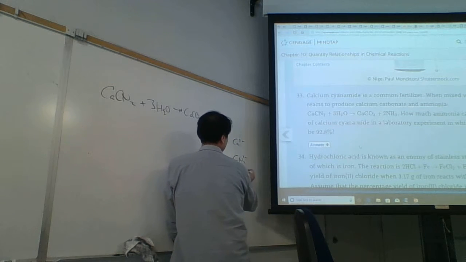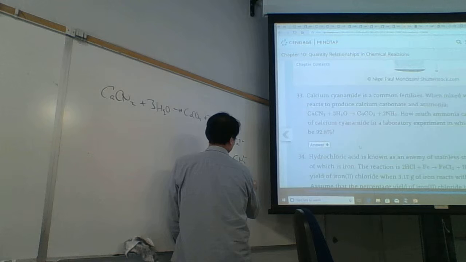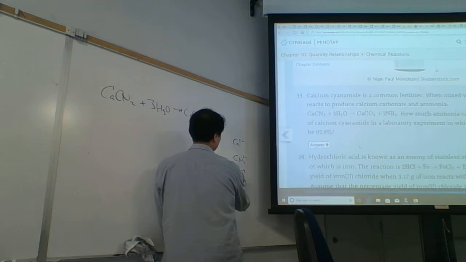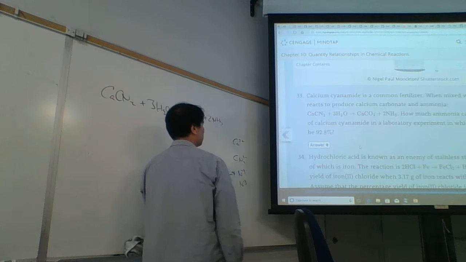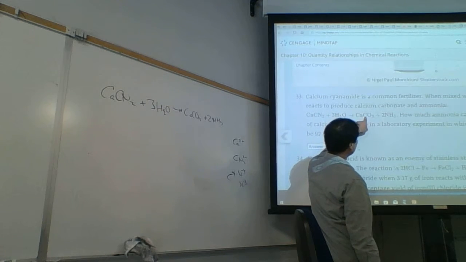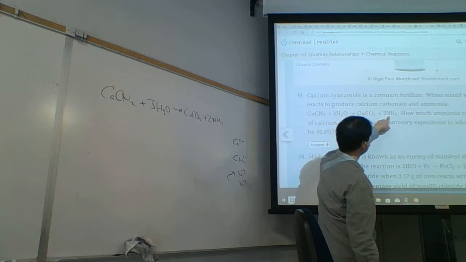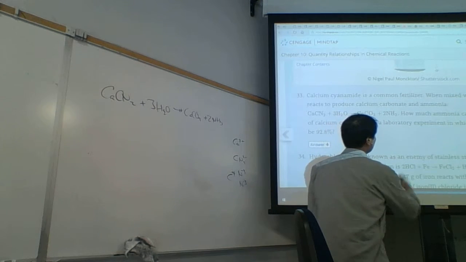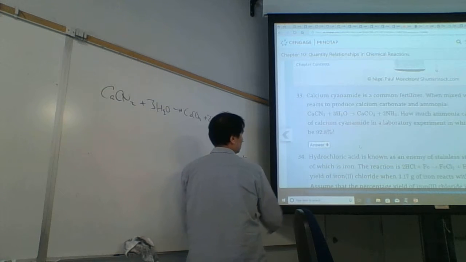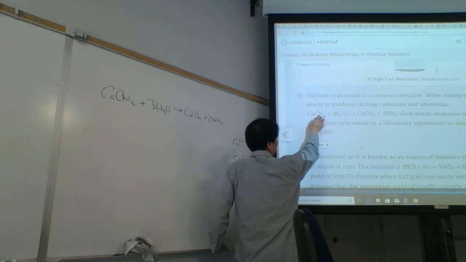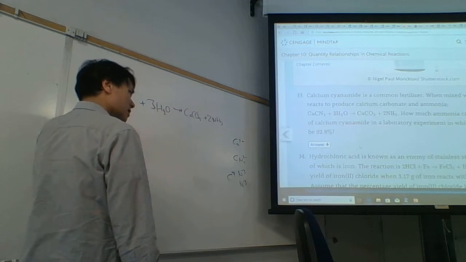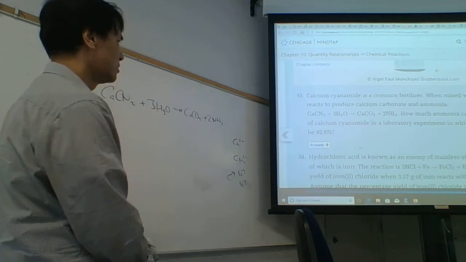So if nitrogen's -3, and we've got 2 of them, then carbon must be +4. Over here, carbon's +4 in calcium carbonate, nitrogen's -3 in ammonia, so no oxidation states change here. Oxygen's -2, hydrogen's +1. This is what we call a Lewis acid-base reaction. I haven't talked much about Lewis acid-base. That's the Lewis acid-base reaction there.